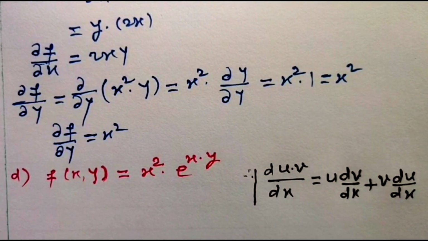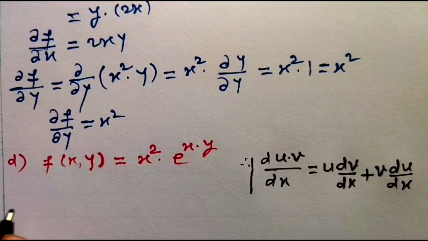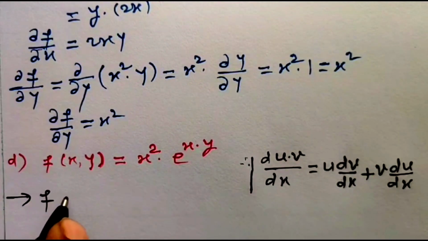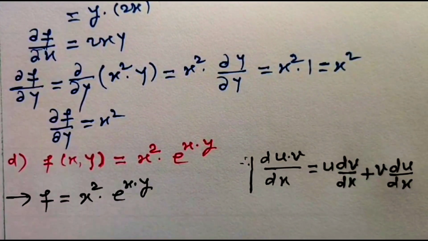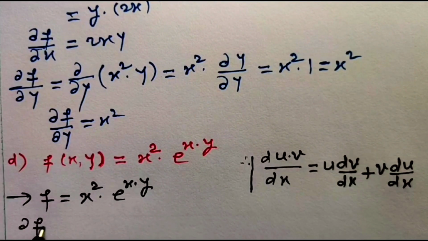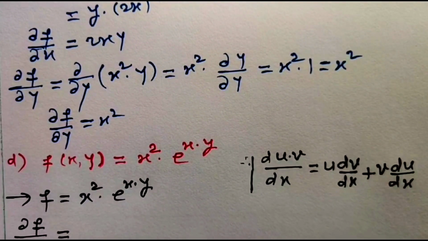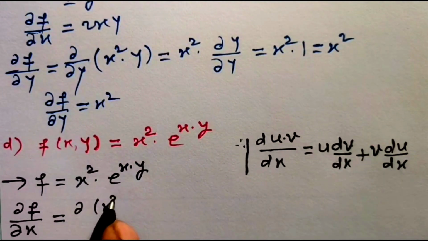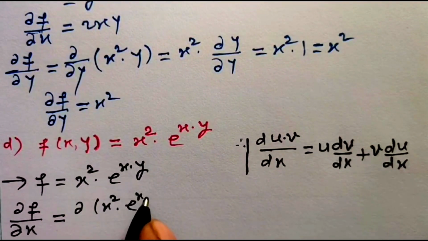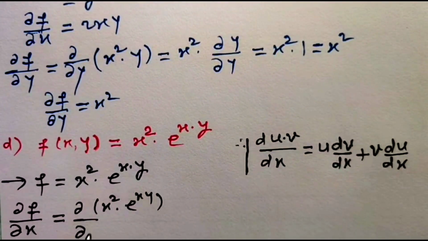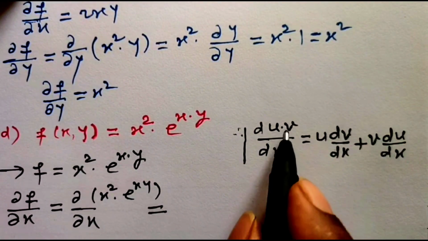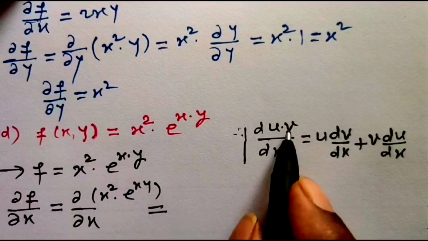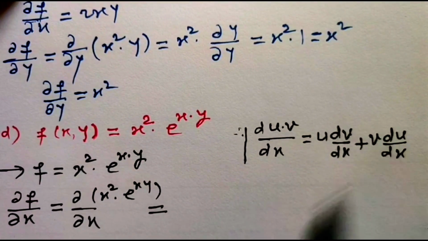This is multiplication formula we have to apply here. So first consider f is equal to x square into e to the power x into y. Then partial derivative of f with respect to x is equal to partial derivative of x square into e to the power x into y with respect to x is equal to, applying this formula, first function as it is into derivative of second function plus second function as it is into derivative of first function.